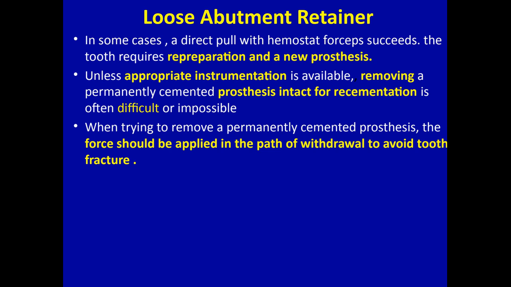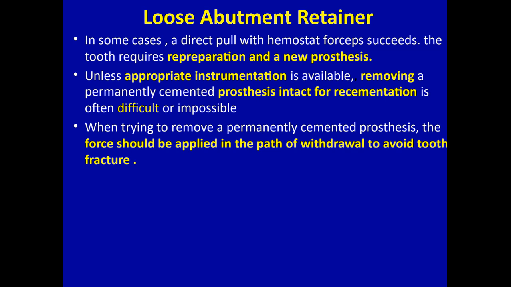If the retainer is not loose, it is better to remove it by sectioning rather than to try to remove it intact by any instrument like a spring-back action crown remover, pneumatic crown remover, or hemostat.